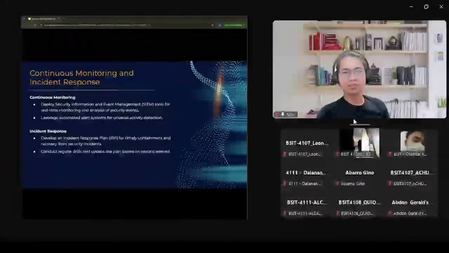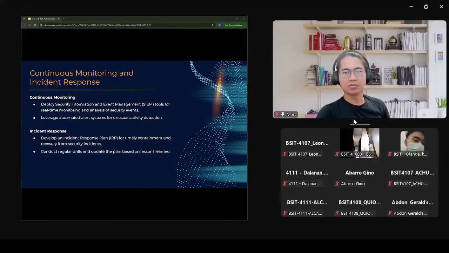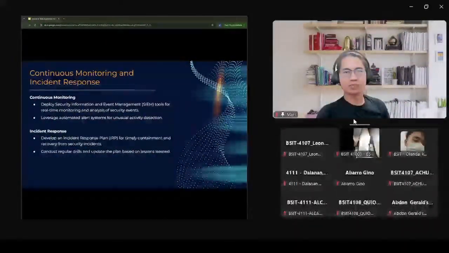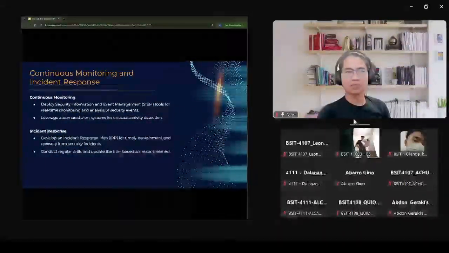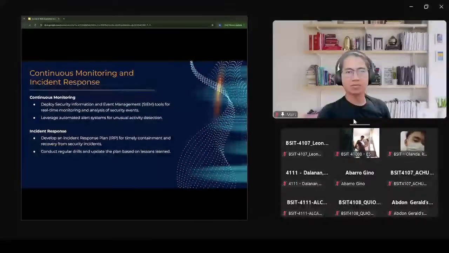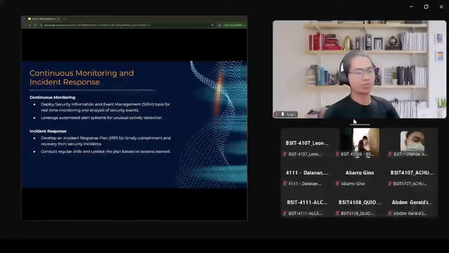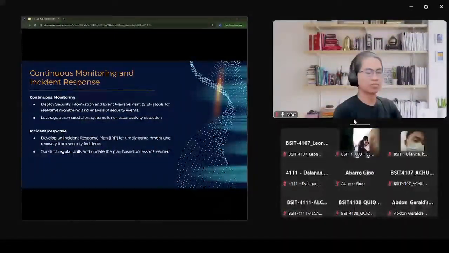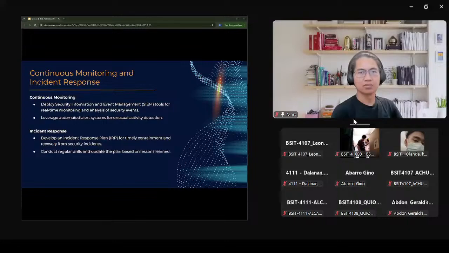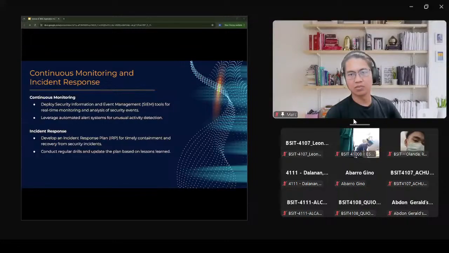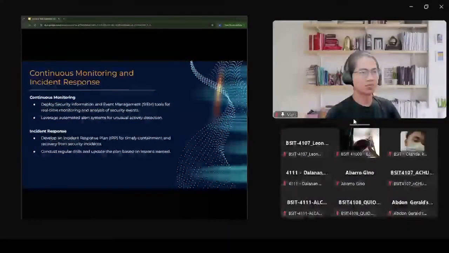Continuous monitoring is all about staying one step ahead of potential threats. Rather than relying solely on periodic audits, this approach ensures that your systems are constantly under surveillance for unusual or suspicious activity. Among the key practices for continuous monitoring is, one, deploying SIEM tools.